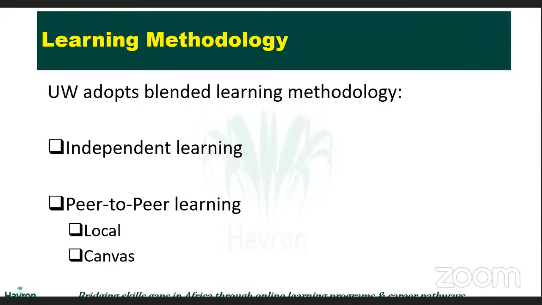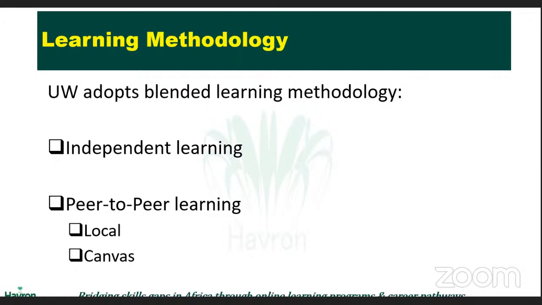Now let's look at the methodology of University of Washington. It adopts the blended learning methodology. So there are two levels of participating in this meeting. Number one, participants can participate as an independent learner, or they can participate through a site.